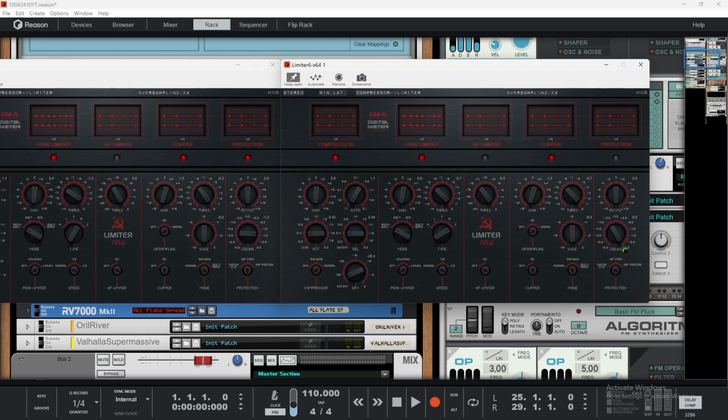What are the differences? This one doesn't need protection. Usually I use this. Anyway, there's a different setting on the limiter.